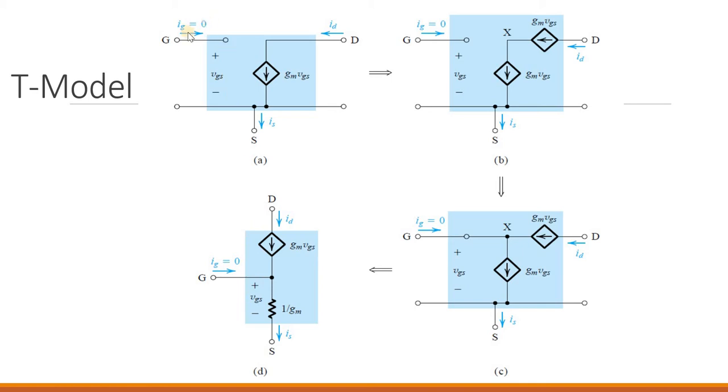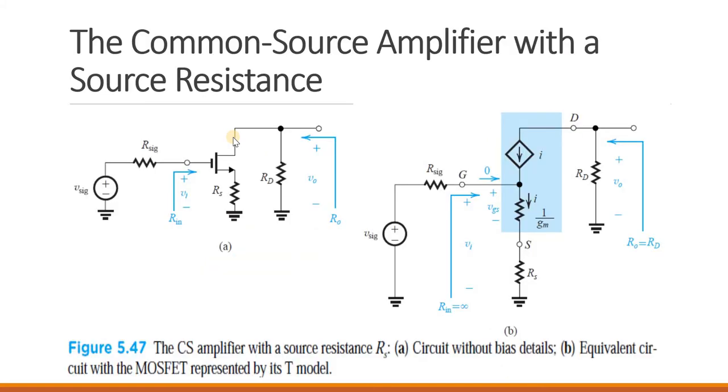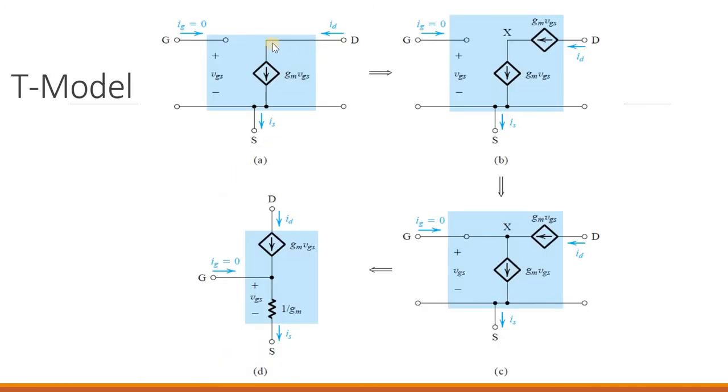In the hybrid pi model, we know the gate current Ig is 0 and the resistance is infinite, so here it will be an open circuit. The voltage across this is nothing but VGS, between the gate terminal and the source. In between the drain terminal and the source terminal you see here the current will flow, and that amount of current is gm into VGS.